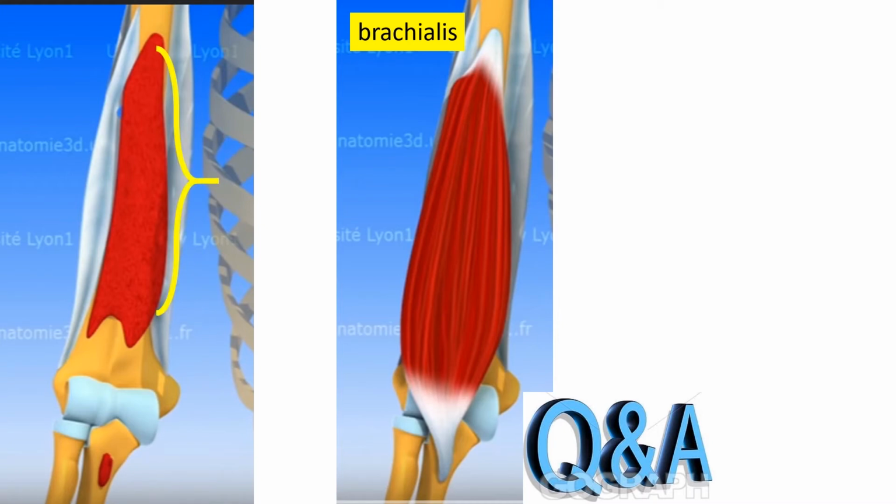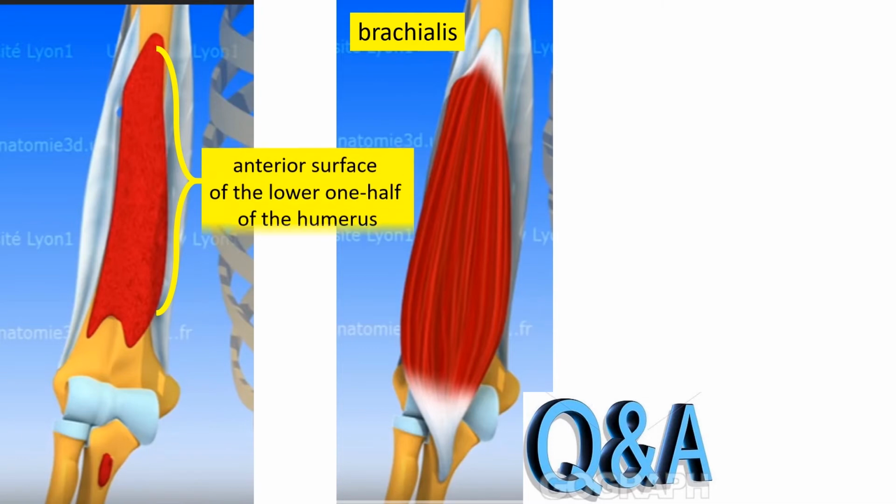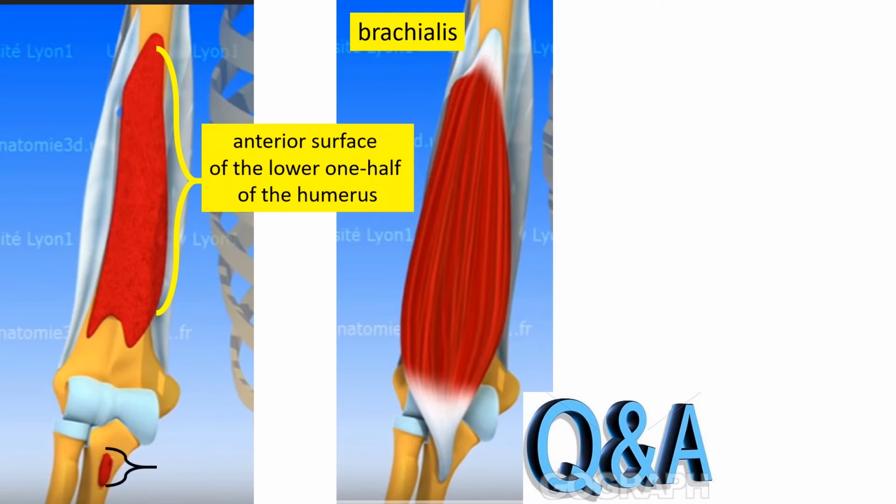This is a mark of the origin of the brachialis. It comes from the lower half of the anterior surface of the humerus plus the intermuscular septum, fibrous tissue on both sides of the humerus separating the anterior from posterior compartments, and this is the coronoid process of the ulna, the way where it is inserted into.